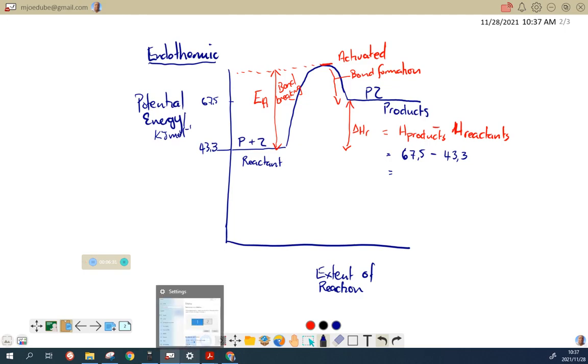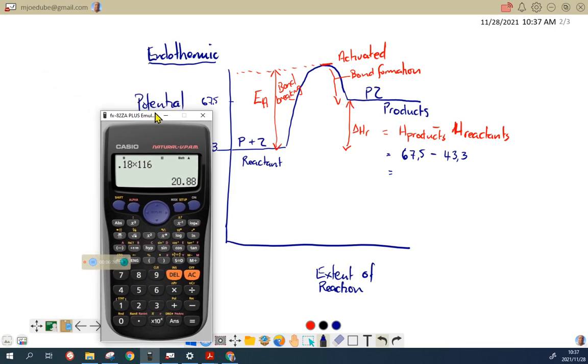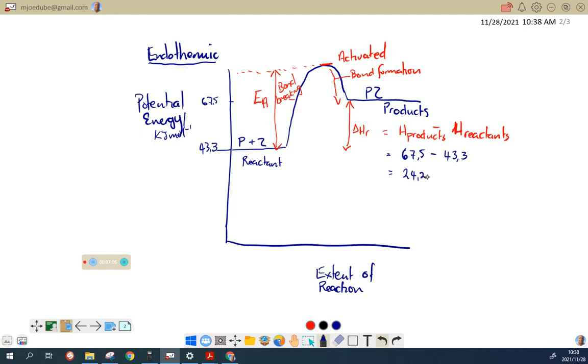When you do the calculation on your calculator, you're going to get 24.2, which is 24.2 kilojoules per mole.